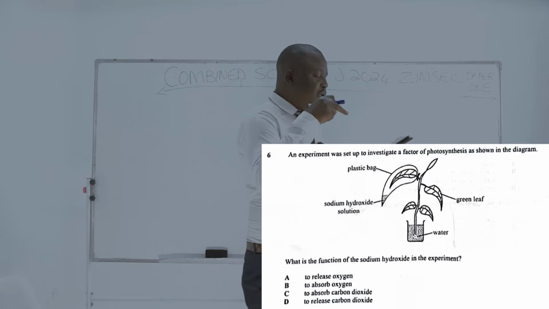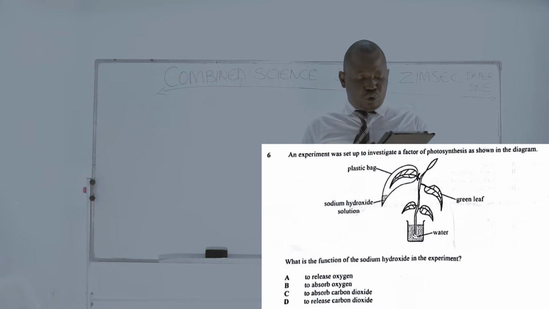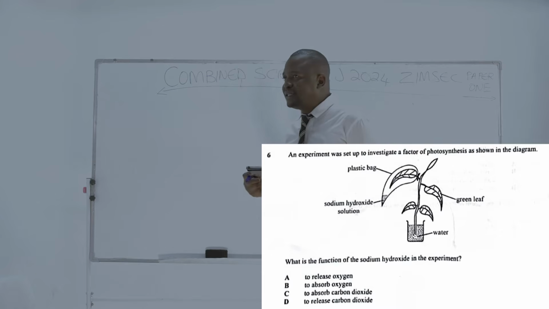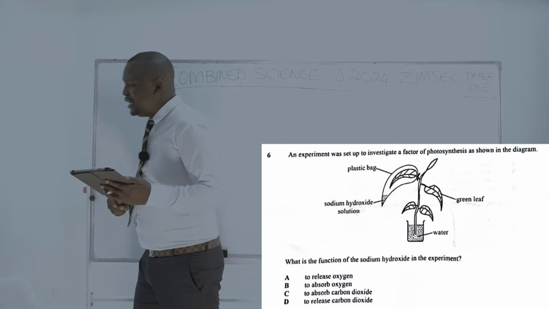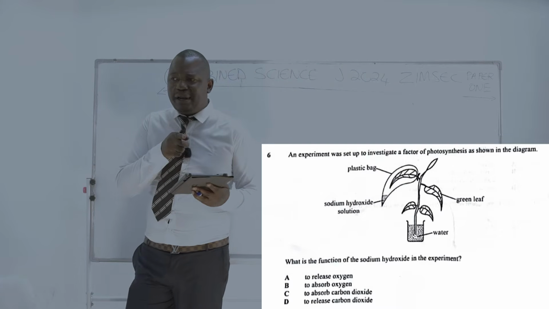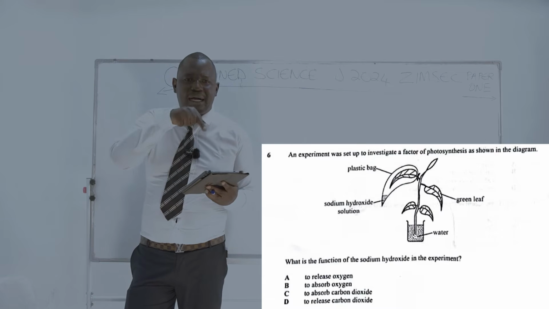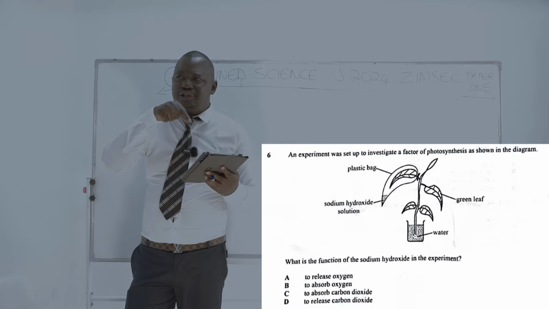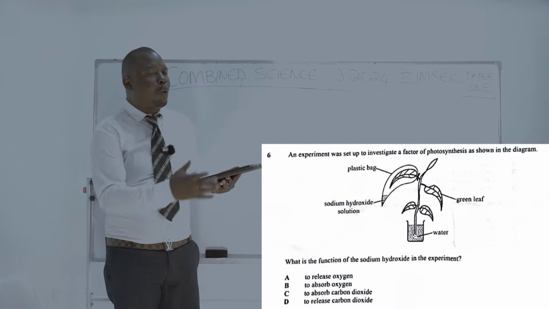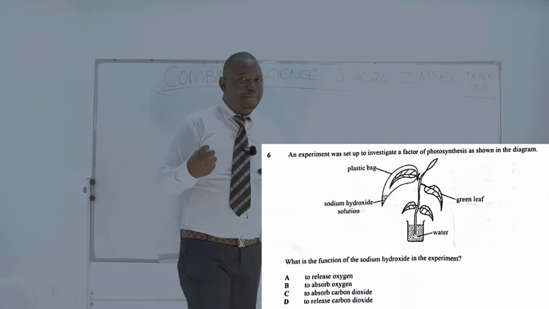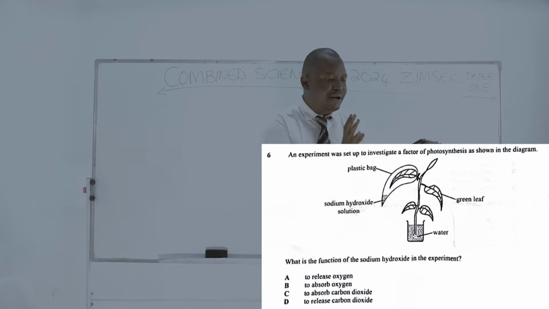The purpose of this sodium hydroxide solution is to absorb carbon dioxide. We must make sure that the leaf covered with the plastic bag has not trapped any other carbon dioxide inside. So the sodium hydroxide's job is to absorb all the carbon dioxide trapped inside the plastic bag.